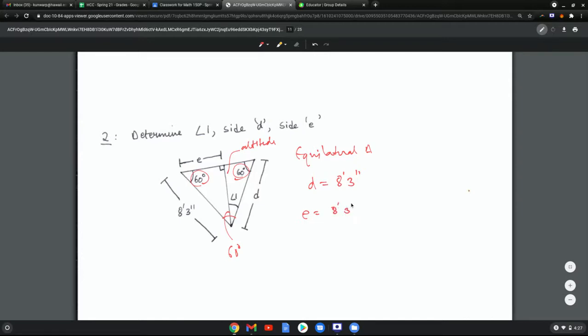So it's 8 foot 3 inches divided by 2, which we can write as 4 feet 1.5 inches. But an altitude also divides the angle, which means angle 1 is half of 60 degrees, so it is 30 degrees. And again, I'm going to box these values as the ones that have been asked to be found.